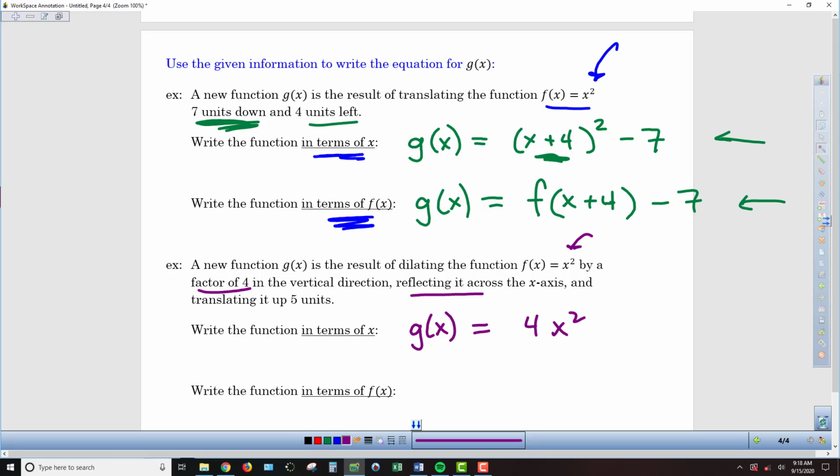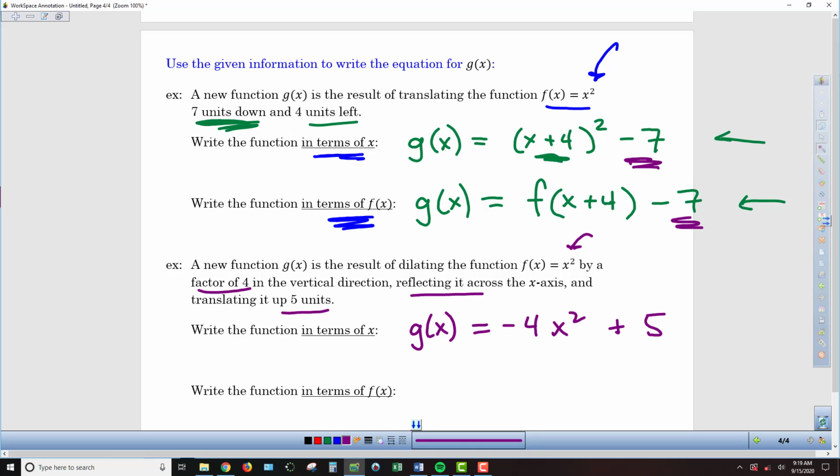We also have a reflection, so I'm going to have a negative sign out in front here to go with the 4. And then finally we have a translation up 5 units. So when we're translating in the vertical direction, like what we saw here, it's going to be outside of the x squared, so I don't have to squeeze anything in with the x and square it.